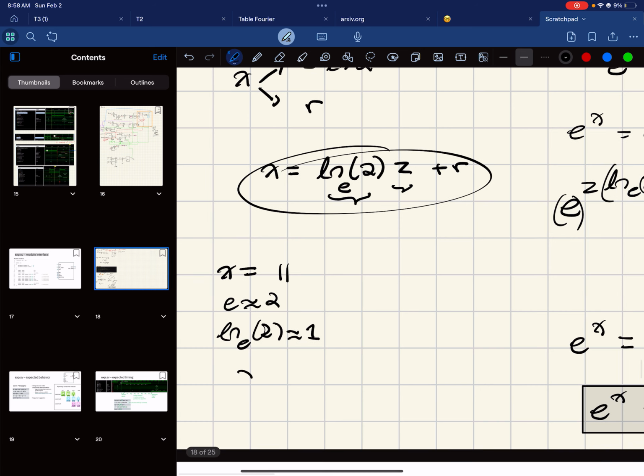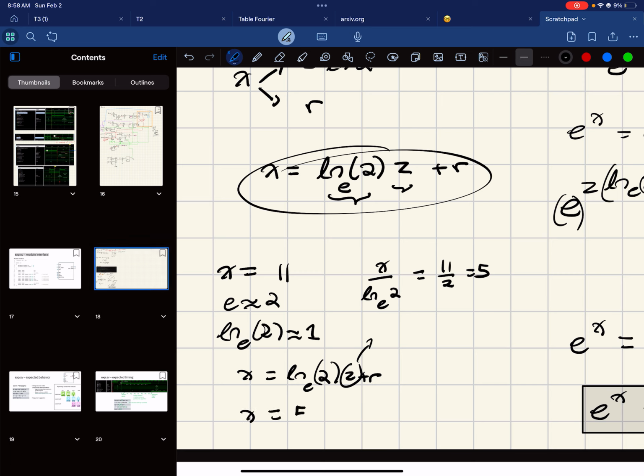And x is equal to ln_e of 2 times z plus r. To find z, I'm going to say x divided by ln_e of 2 is equal to, in this case, 11 over 2, which is going to round down to 5.